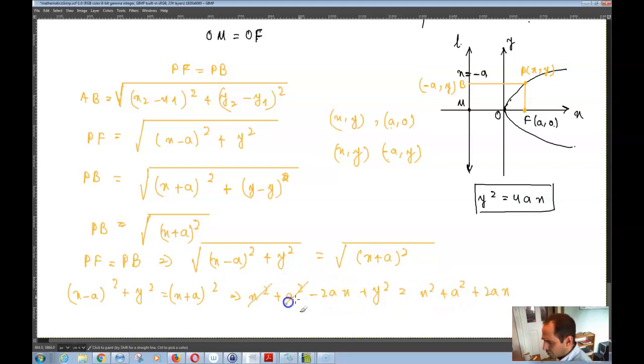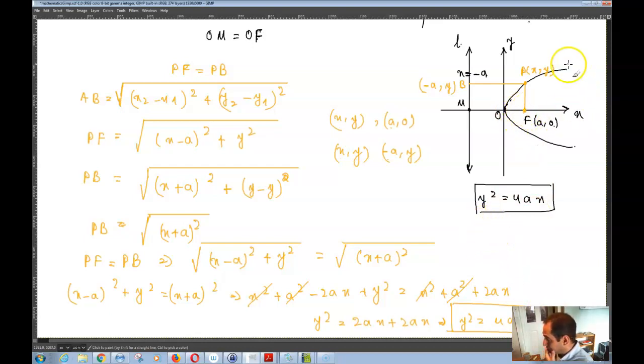Now x squared and a squared cancel on both sides, so y squared is equal to 2ax plus 2ax. That means that y squared is equal to 4ax, and of course over here a is greater than 0.